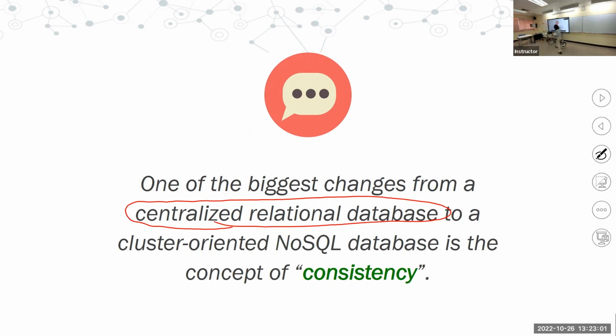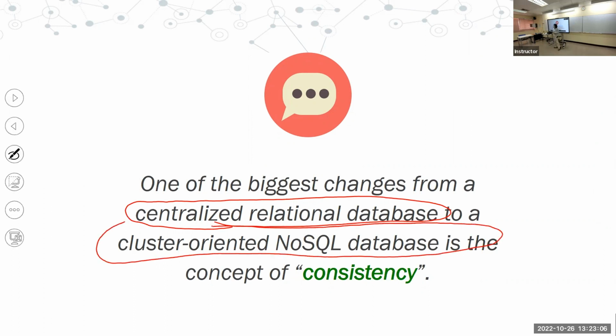But the complicated mechanism is even more involved when we are talking about a cluster-oriented structure or distributed data structure too, because data is now propagated to many places, distributed across many nodes and so on. The concept of consistency is one of the very challenging properties to maintain due to the characteristics of distributed nodes.